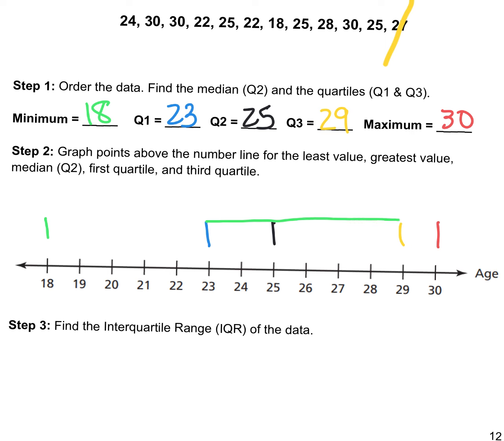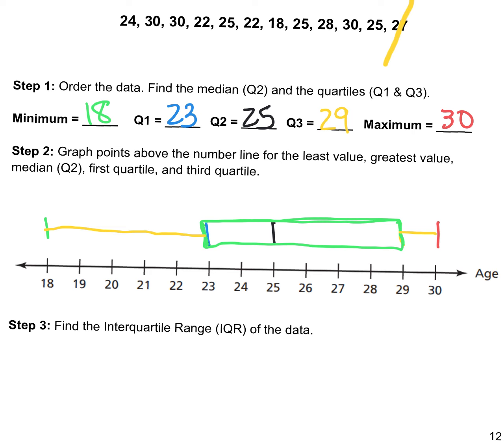The box goes around the Q1 and the Q3, so it connects the Q1 to the Q3. The median will be the line inside that box. The whiskers are the parts that extend from the lower quartile to the min and the upper quartile to the max. So this is the box plot that matches the data above.